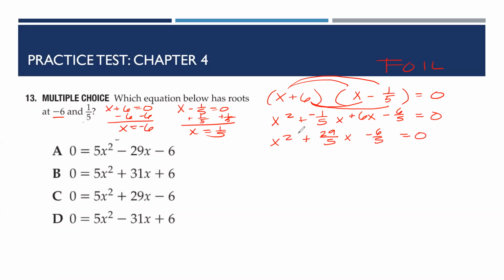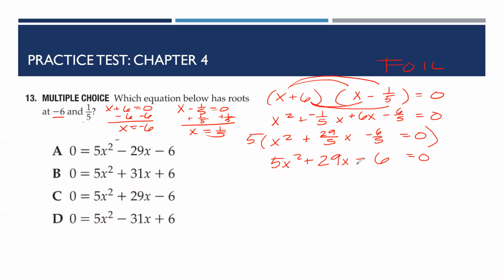And then when you're writing an equation, you cannot have fractions in your equation. So what you want to do is get rid of these denominators. So our denominator is 5. So you would multiply your equation by 5, and you end up getting 5x squared plus 29x minus 6.